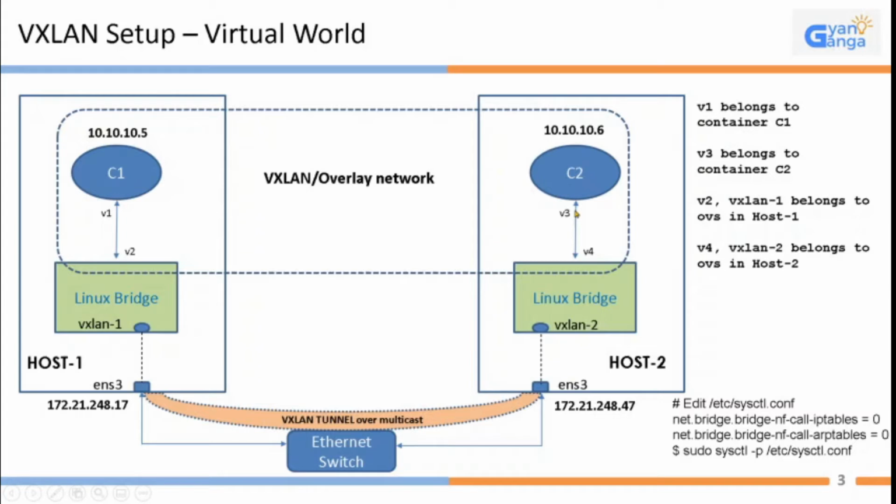Before moving on to the scripts or the commands to set this up, the sysctl configurations have to be configured for the Linux bridge to forward the ICMP traffic to the containers.